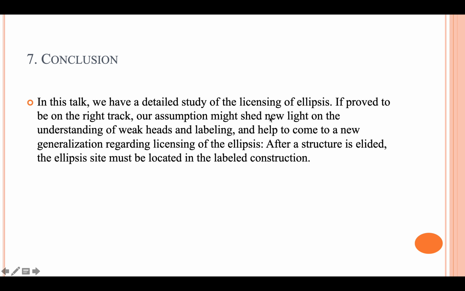If my assumption is on the right track, I think it may shed new light on the understanding of weak heads and labeling, and may help to come to a new generalization regarding the licensing of ellipsis. That is, after the structure is elided, the ellipsis site must be located in the labeling construction.